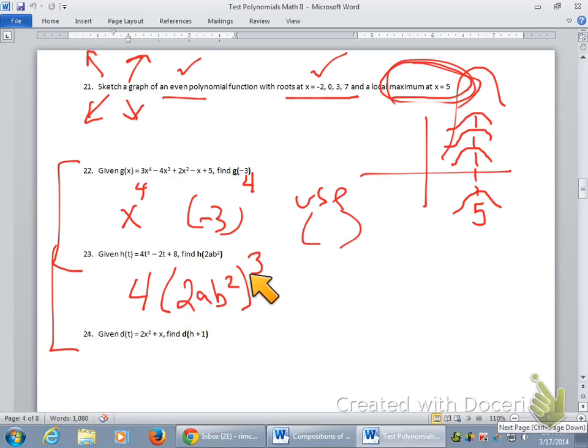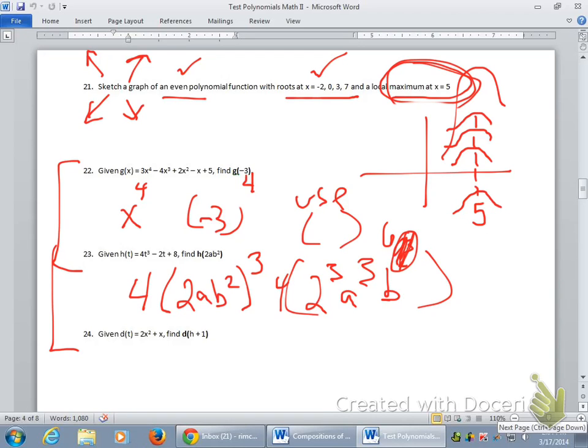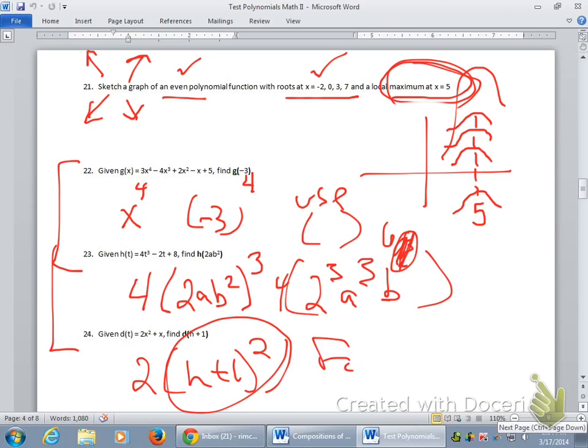You have to do the 2 to the third first, and the a to the third, and the b to the second to the third, which of course is a 6, right? And then you can multiply it times 4, and then you can do the rest of it. Down here, you end up with 2 parentheses h plus 1 squared, and we just talked about this. This is a FOIL problem before you multiply it by 2.